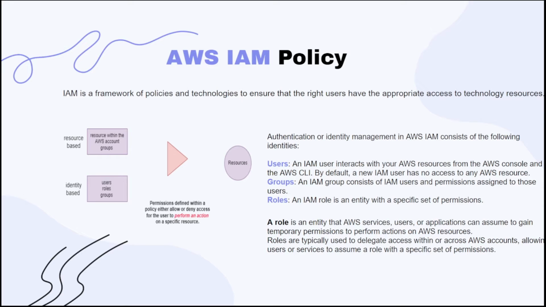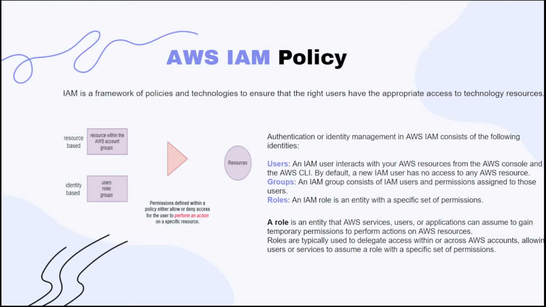Roles are typically used to delegate access within or across AWS accounts, allowing users or services to assume a role with a specific set of permissions. So a role is not a person, not a developer. It is something that contains a set of permissions, a set of policies.